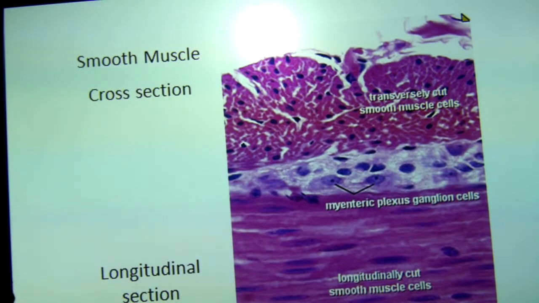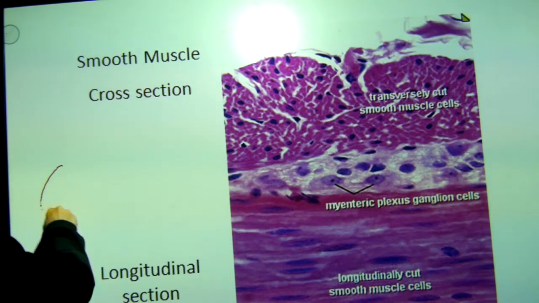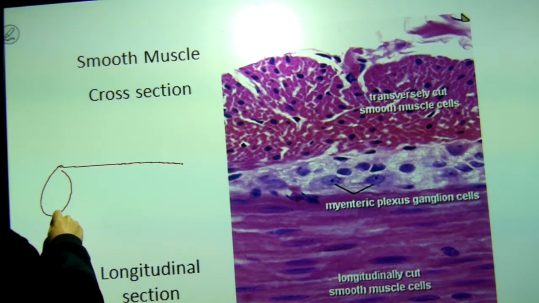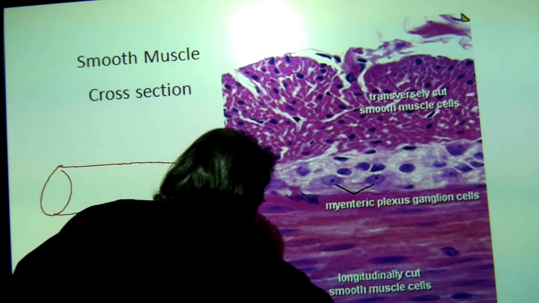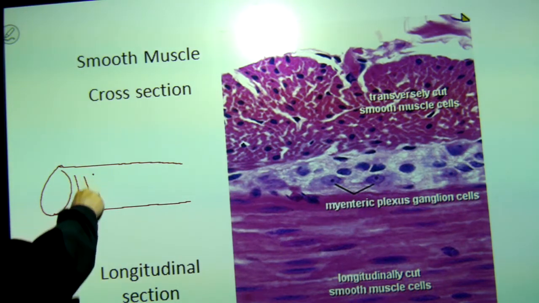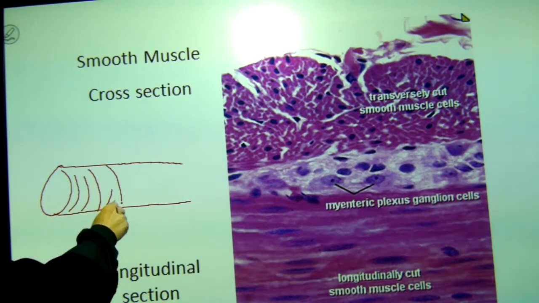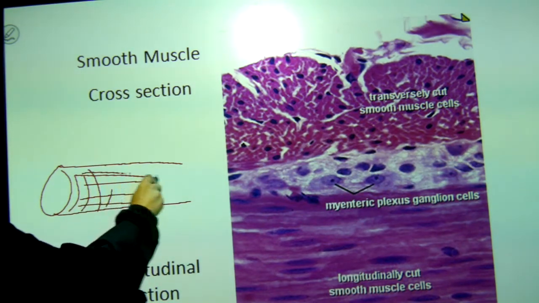But anyway, the interesting thing about smooth muscle is that smooth muscle basically runs in two different directions. If you have a hollow organ like the intestine, you want to have muscle that wraps around and then also goes the entire length.